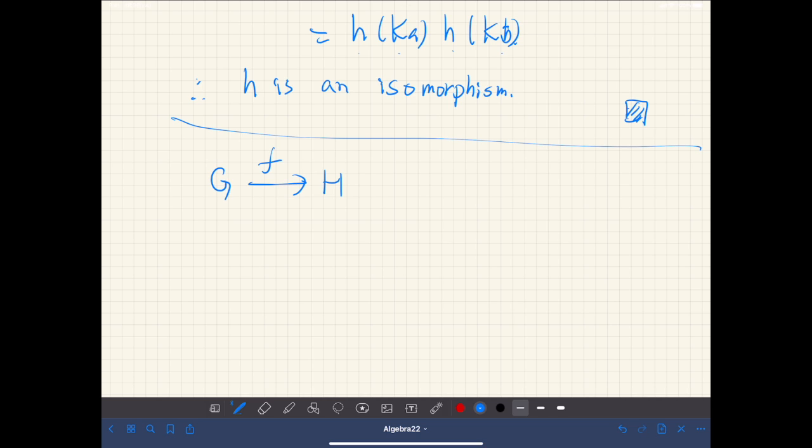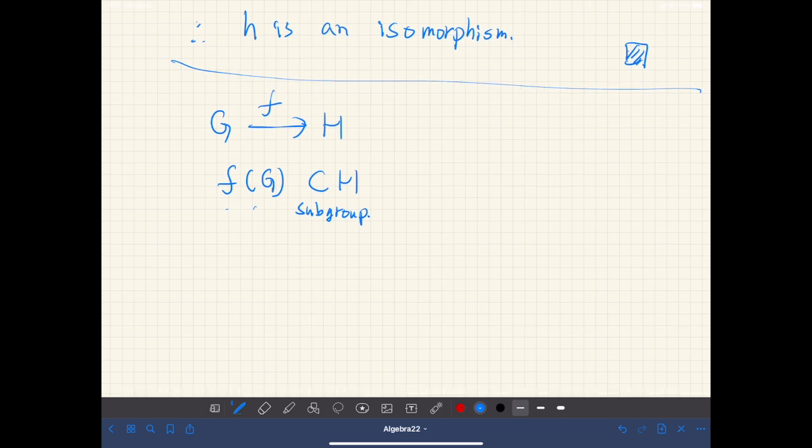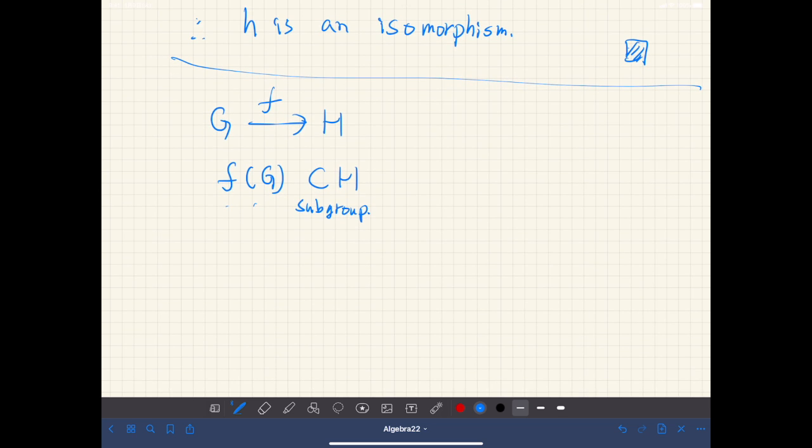Then what can we say? Okay, in this case, f of G is a subgroup of H, as we have seen before. So the image of a homomorphism is a subgroup.